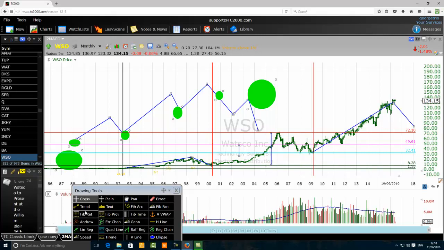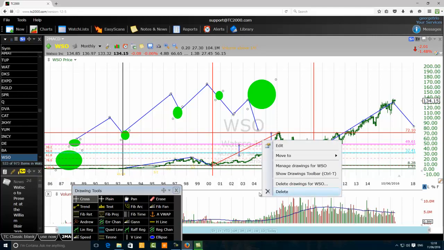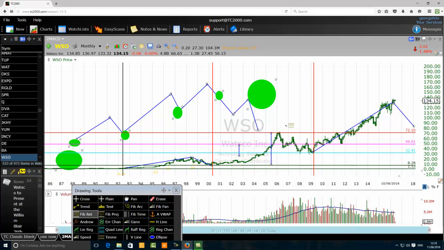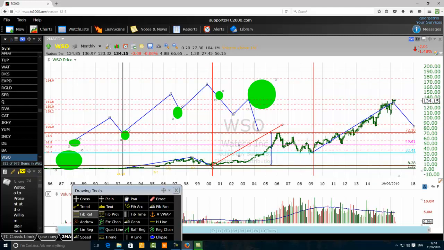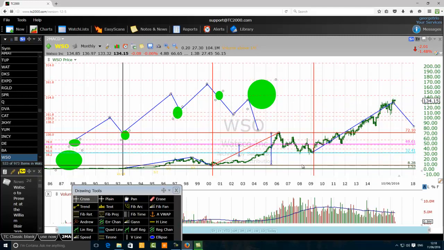Then we will apply Fibonacci extension to the second cycle in order to forecast the third cycle. So we apply Fibonacci extension to the magnitude of the second cycle.